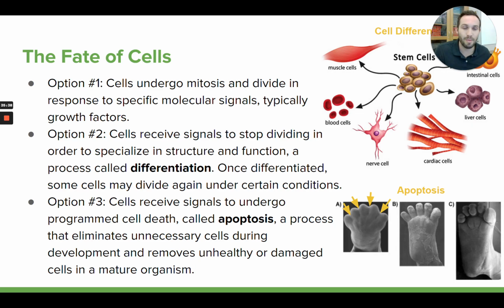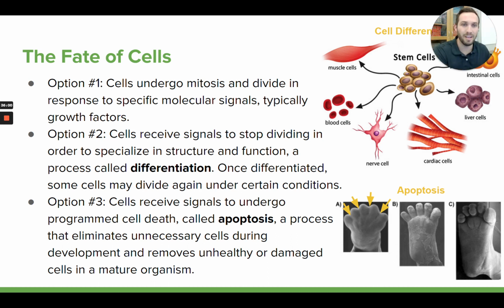Now, a common example of that is during development. When you are developing, especially as an embryo into a baby, a human-looking thing, there are different stages of development where at some point certain cells need to be there to start building the organism, but then those cells are no longer needed later on.